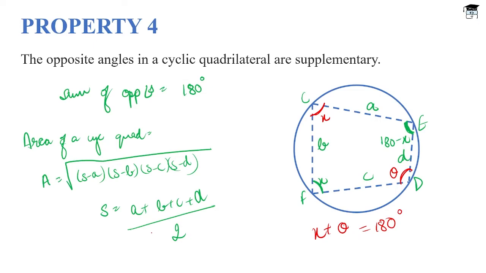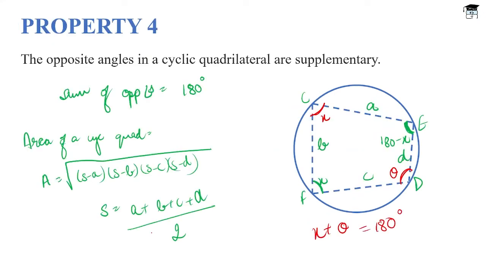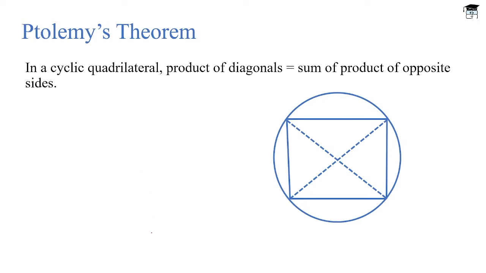All right. So Ptolemy's theorem is also related to the cyclic quadrilateral. It says that in a cyclic quadrilateral, the product of diagonals is equal to the sum of products of opposite sides.